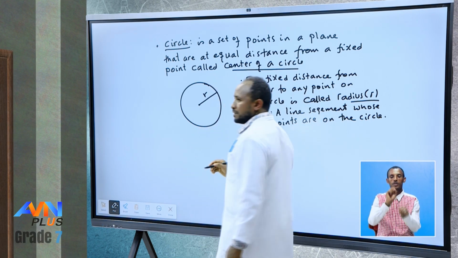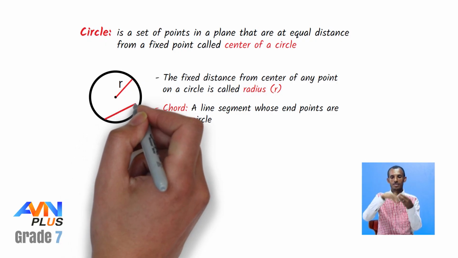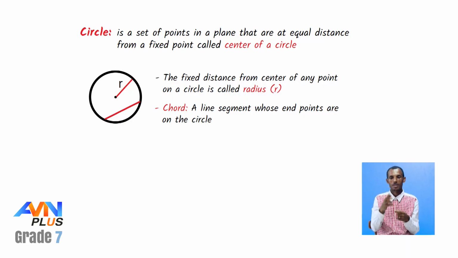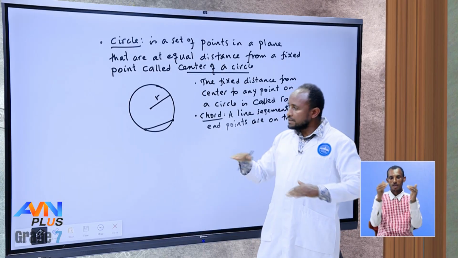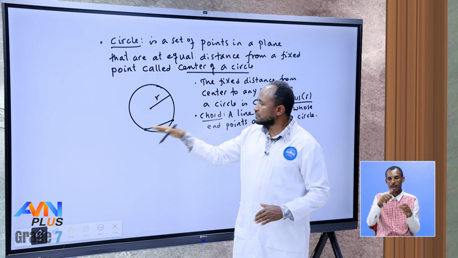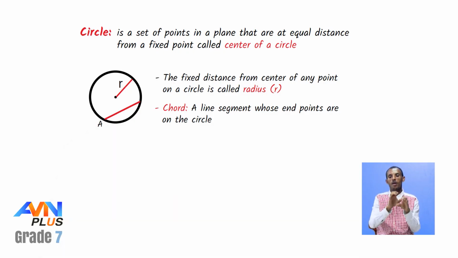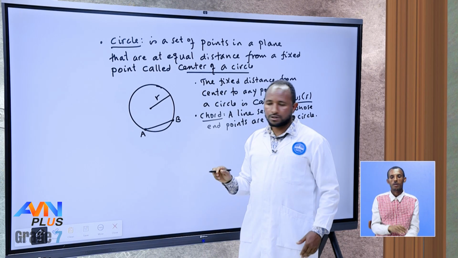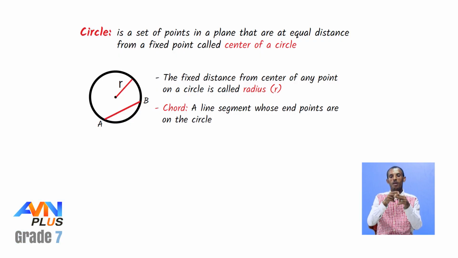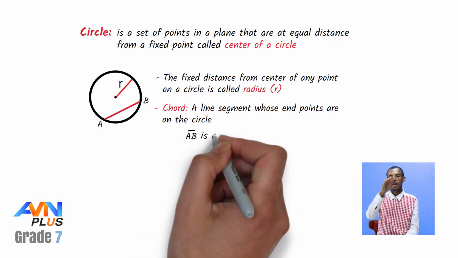If you take this line segment, its endpoints are on the circle. So any line segment whose endpoints are on a circle is called a chord. Here, you can say this point A, this B. AB is a chord.